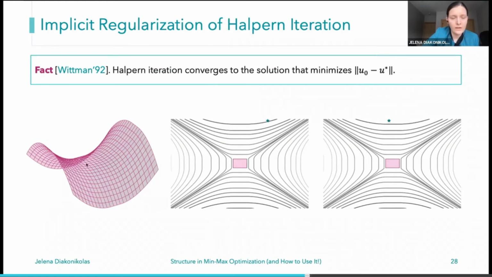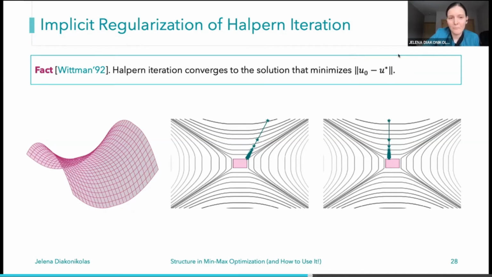So here I have constructed a function that has many optimal solutions, everything in this pink rectangle. So wherever you start, you're going to converge to whatever is closest. So the reason this is interesting is if 0 is a meaningful point that you can start from, you would get a minimum norm solution.